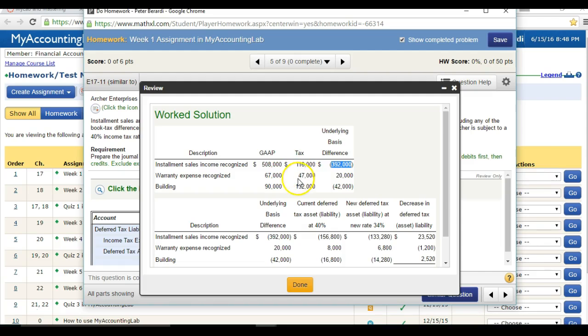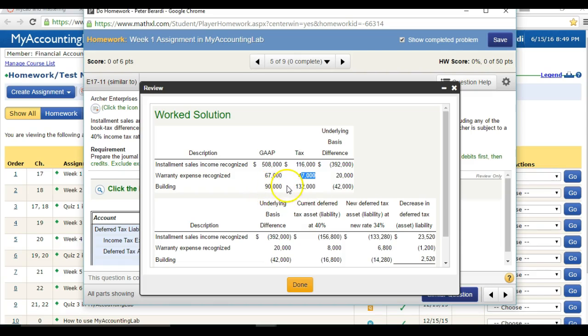In this particular year, we paid out less warranty than we accrued for, so we're deducting less expense, which means lower expenses, higher taxable income. We're going to have to pay more tax because of this. That basically means we'll pay less tax in the future, which means a tax-deferred asset.